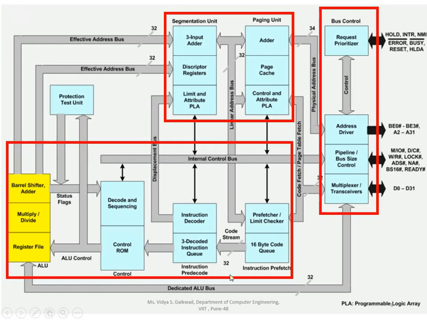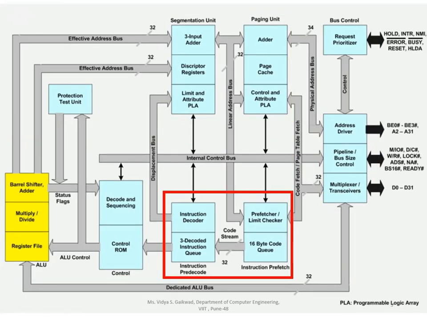Combined, these make your CPU, central processing unit. I repeat the things once again. This large box is the CPU. The second unit is the memory management unit, in which the segmentation unit and paging unit are there. The third unit is the bus interface unit.